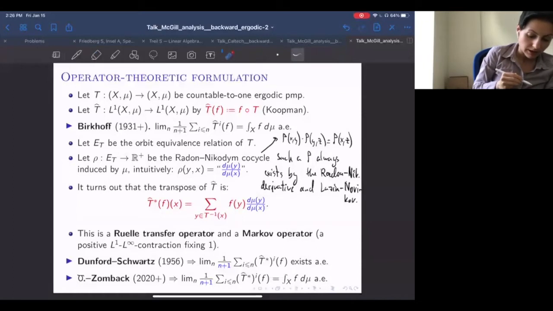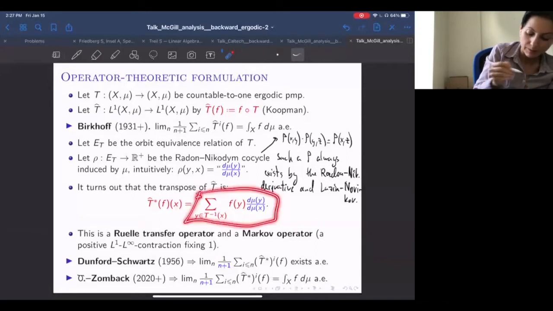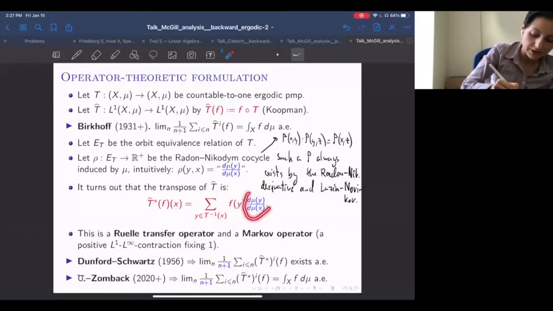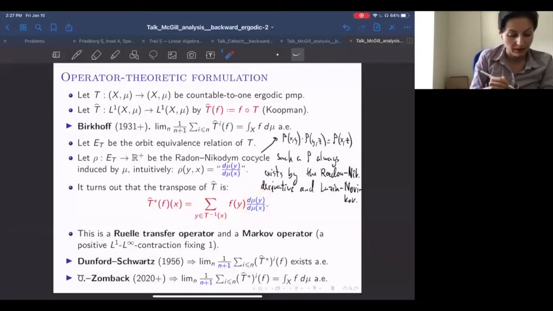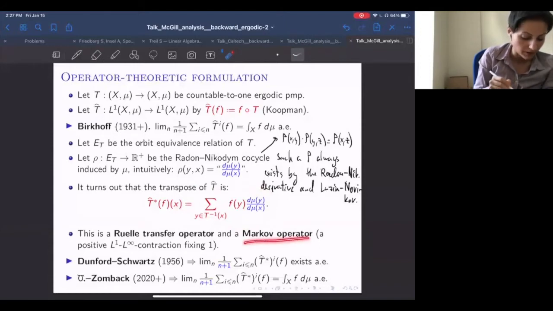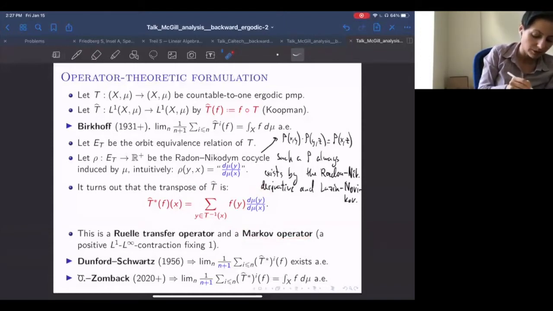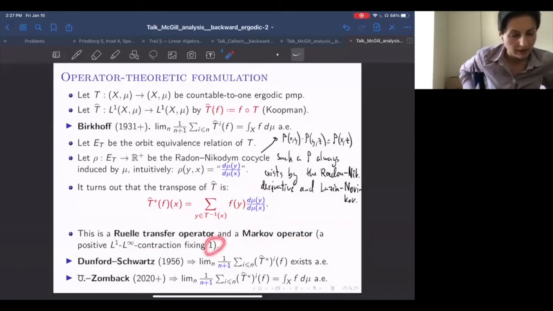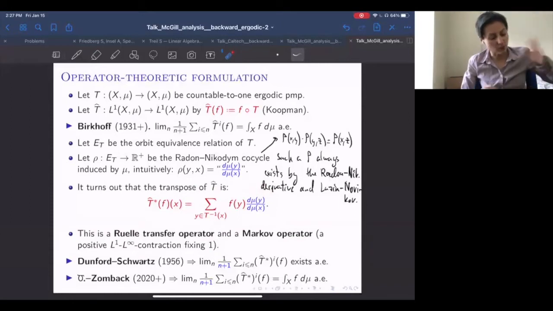Okay, and this operator is a type of Ruelle transfer operator, literally by its form, where this function is taken to be the Radon-Nikodym cocycle of this measure. And it's also a Markov operator, which just means that it's a positive L1 and L infinity contraction, and it fixes the constant function one.